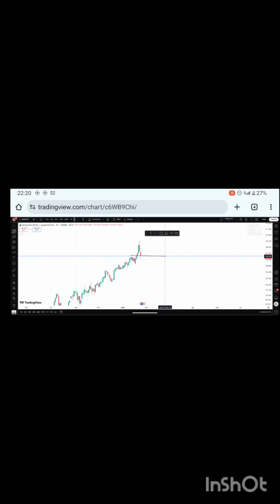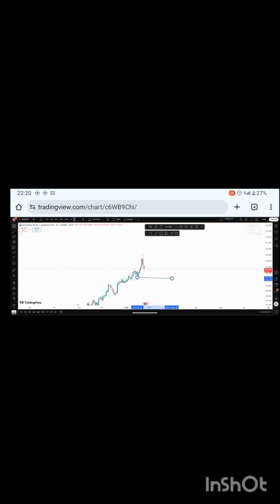Okay, maybe I'll go down to the 4 hours so that I'll be able to put that in well. This is the last low. This is the low that causes the break of structure.